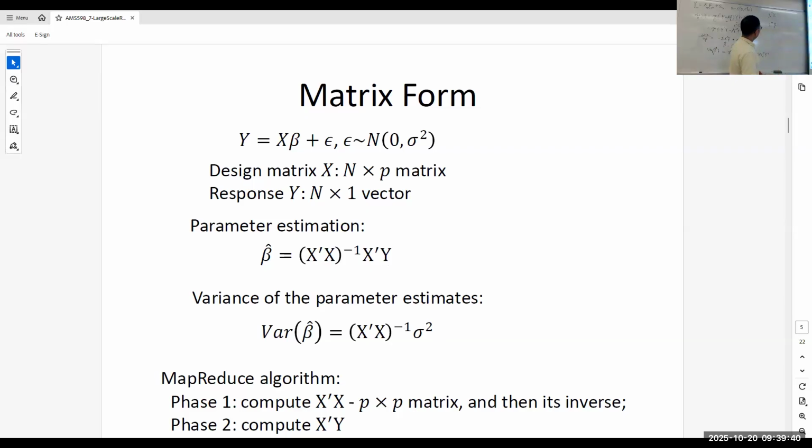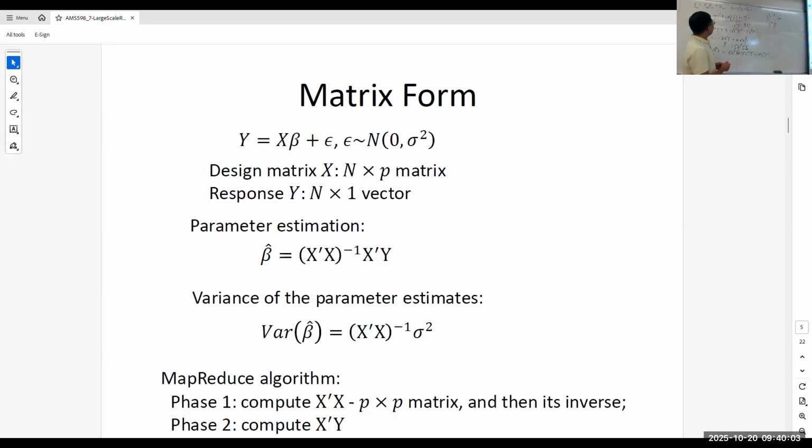Remember, the dimension of X is n by p, so the dimension of X transpose is p by n, and the dimension of X transpose X will be p by p.